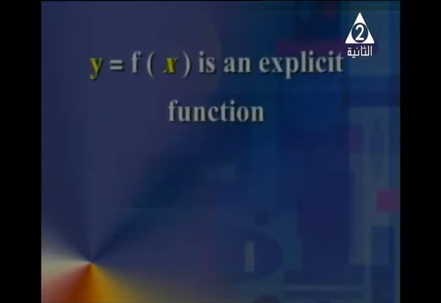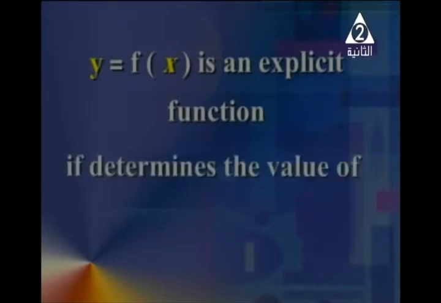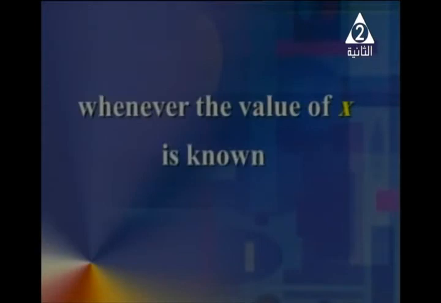y equals f of x is an explicit function, if we can determine the value of y directly whenever the value of x is known, such as y equals 4x squared minus 5x plus 2.